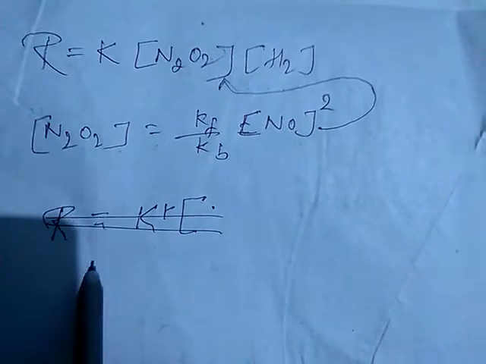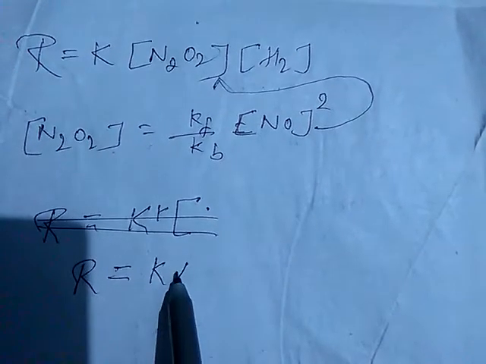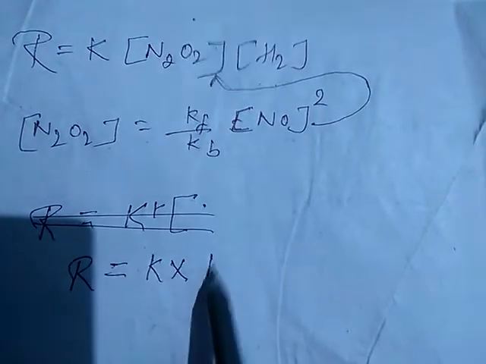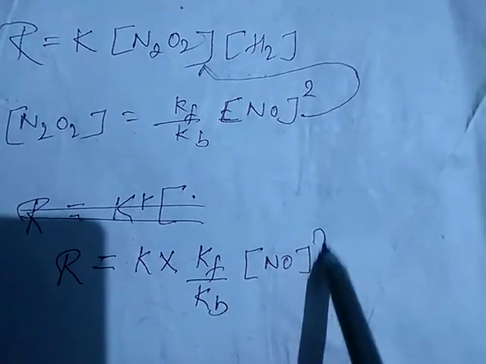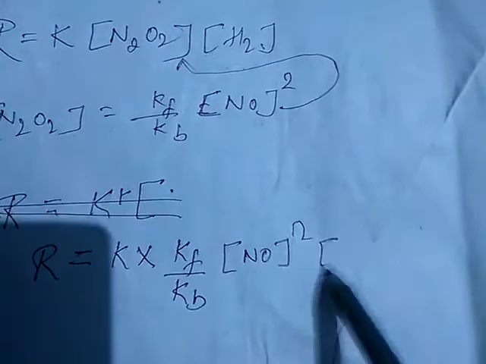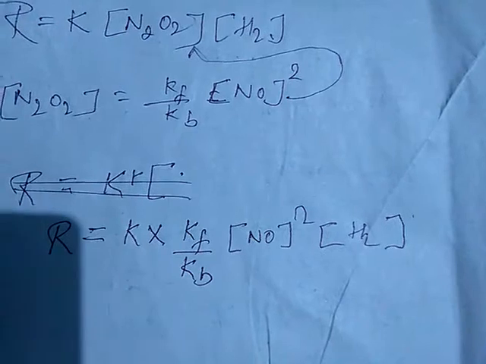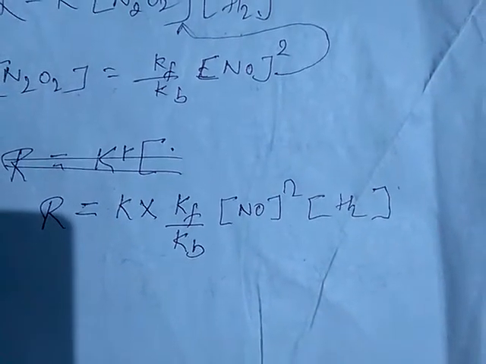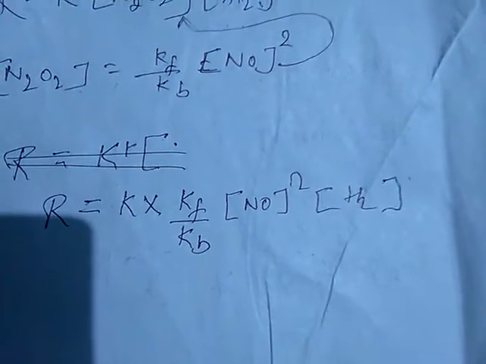R equals K. At the place of N2O2 it will be written as Kf by Kb NO square, and H2 will be copied at its own place. So this would be the final form of the rate law expression after putting the value of N2O2.